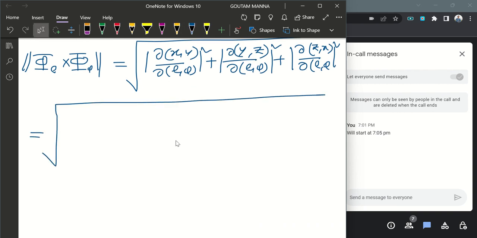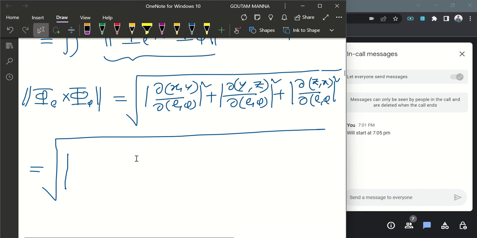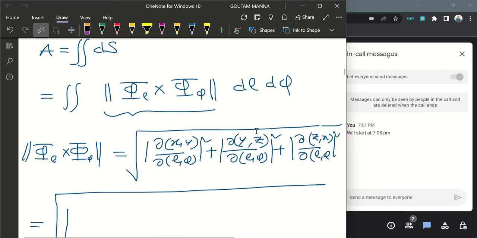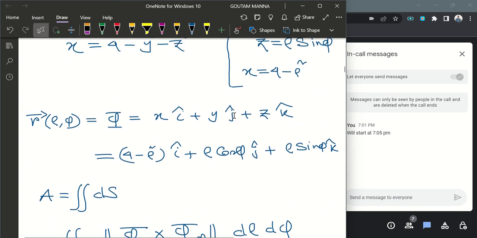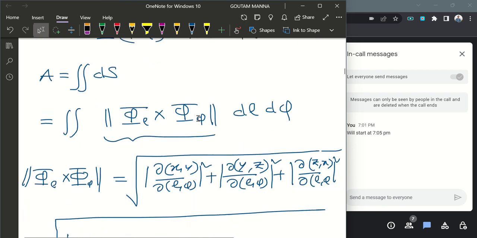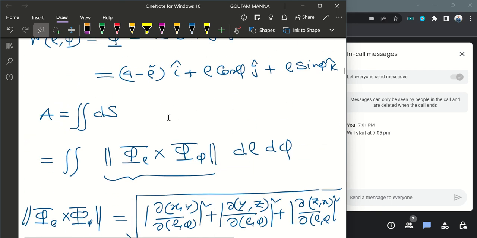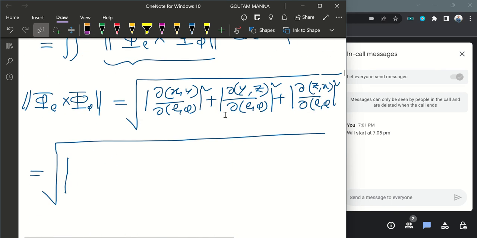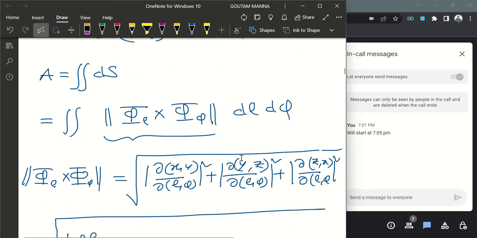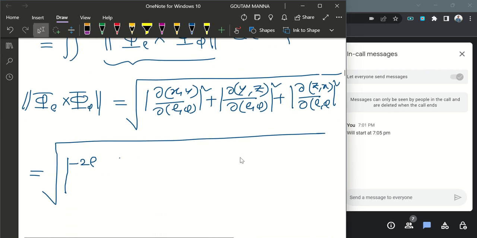Now if you calculate these determinants, the first element is del x del rho. x is 4 minus rho square, so del x del rho will be, sorry, minus 2 rho. Then the second element will be del y del rho, and y is rho cos phi, so it will be cos phi only.